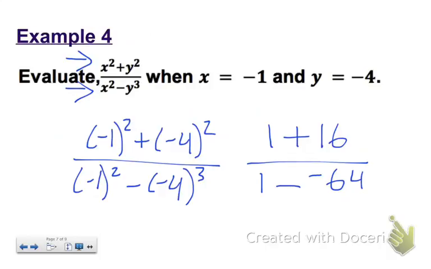And minus a negative becomes plus. So we end up with 17 over 65. And 17 does not go into 65 nicely, so we are actually done with that example. That would be your final answer, 17 over 65.